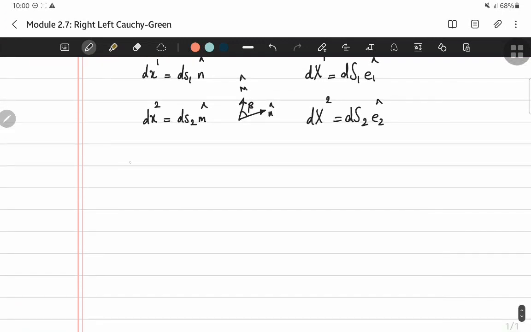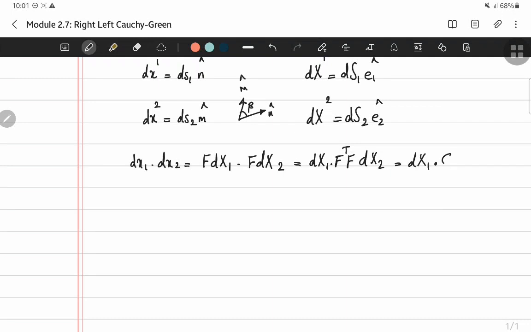So if I want to find, for example, dx1 dot dx2, we already know that this is equal to F dx1 dot F dx2. This one can be written as dx1 F transpose dot F transpose F dx2. This is C, so we have dx1 dot C dx2.